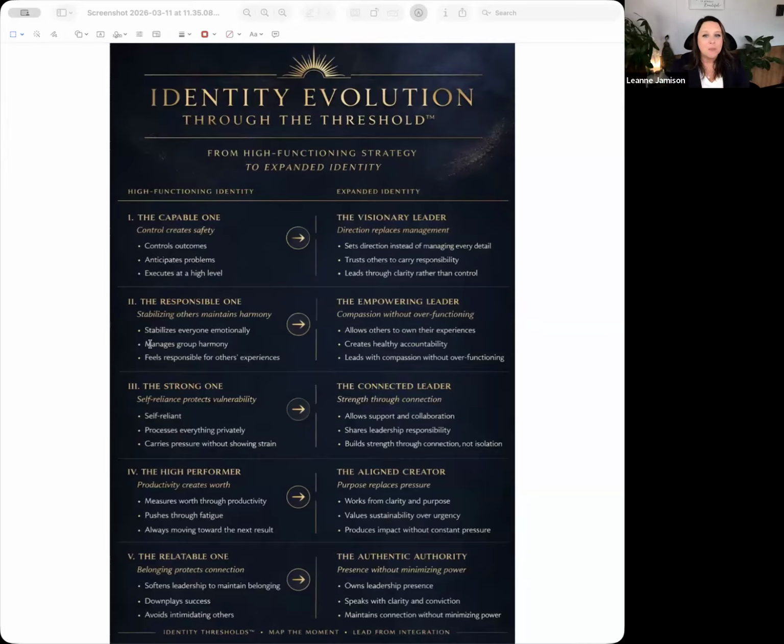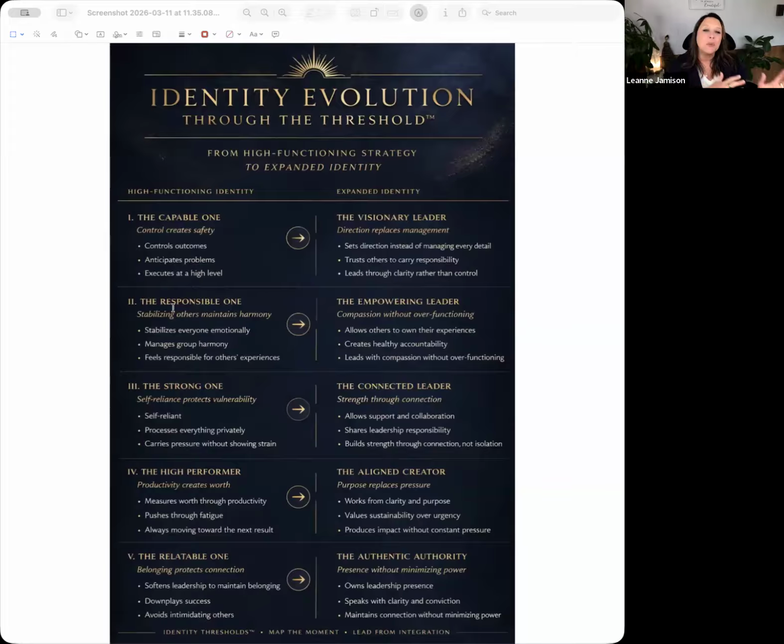That is not a small thing. That emotional intelligence is extraordinary. But here's what the pattern quietly costs the people around her: they never really get to develop their own resilience. They never have to sit with their own discomfort long enough to find their own way through it because she gets to it first, right?